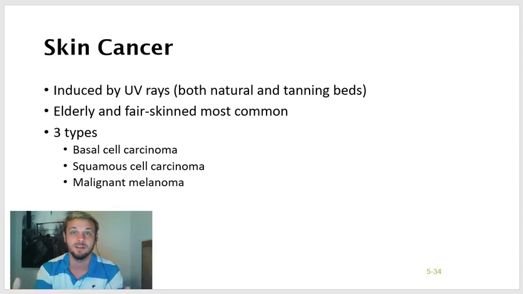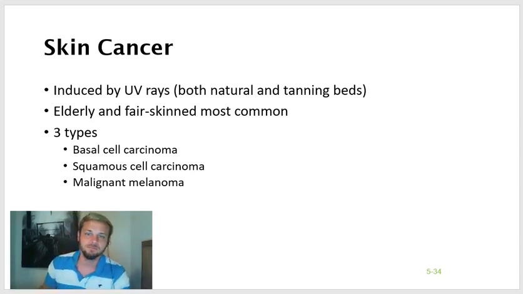And if they're the ones that are dividing, those mutations can then cause that cell to divide really rapidly and not controlled and form tumors and cancers. You see it again in the elderly, but also in fair-skinned people. And it doesn't matter if it's natural or tanning beds, it's still UV radiation.